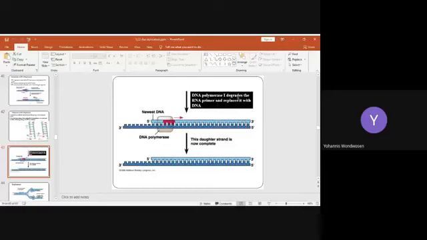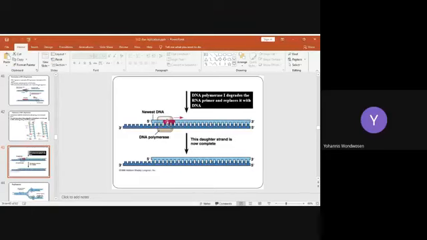DNA polymerase 1 can degrade the RNA primers and replace them with DNA nucleotides. DNA polymerase has 3 major types: type 1, type 2, type 3. One of the functions of DNA polymerase 1 is a 5' to 3' exonuclease activity.